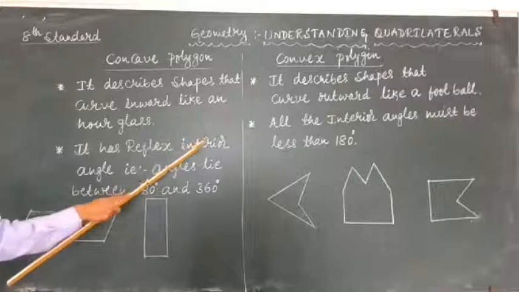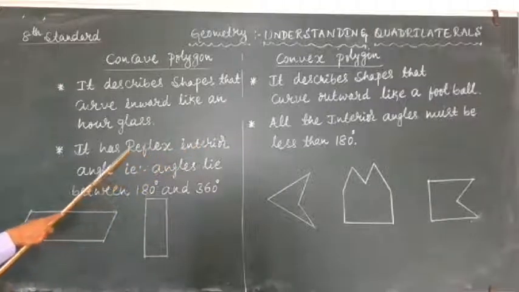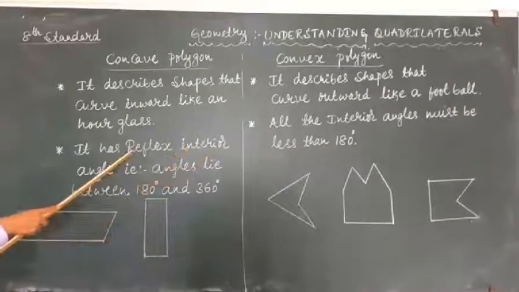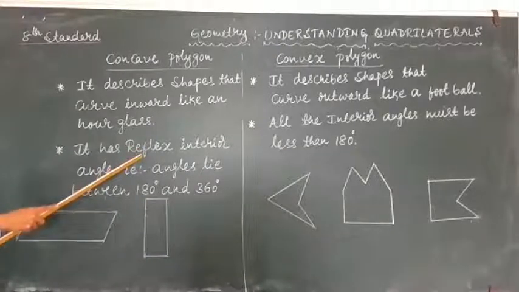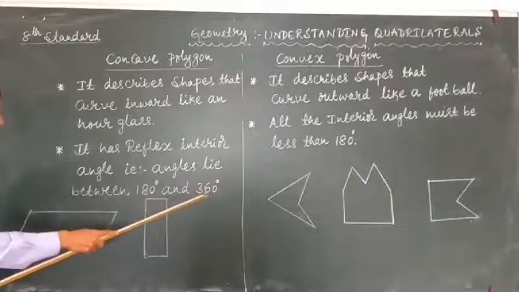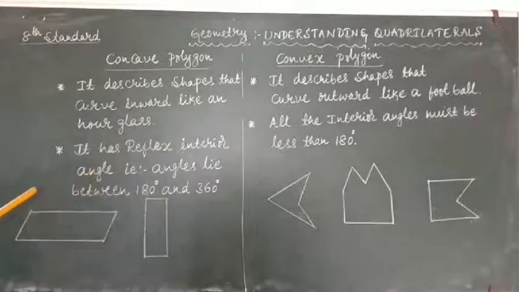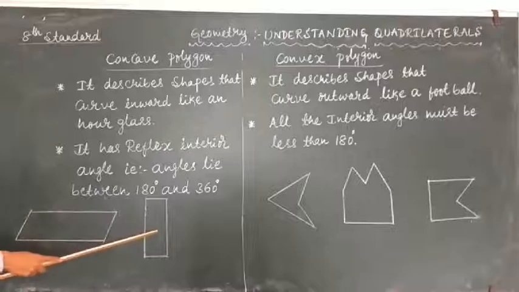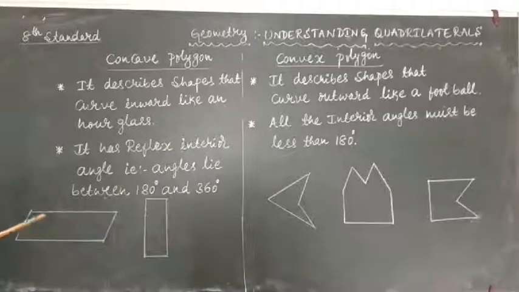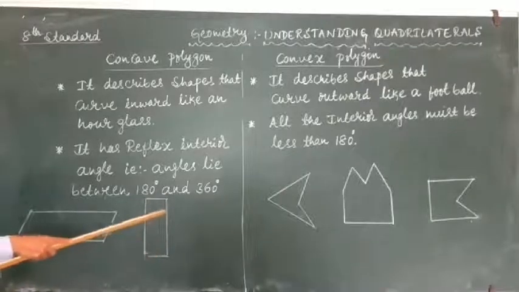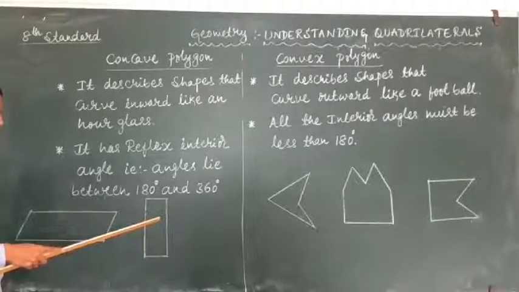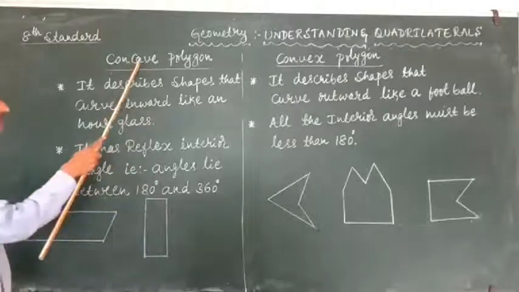The interior angles are reflex angles, that means the measurement lies between 180 degrees and 360 degrees. For example, if you observe these two polygons, one has four sides, and this is a rectangle. These are examples of concave polygons.